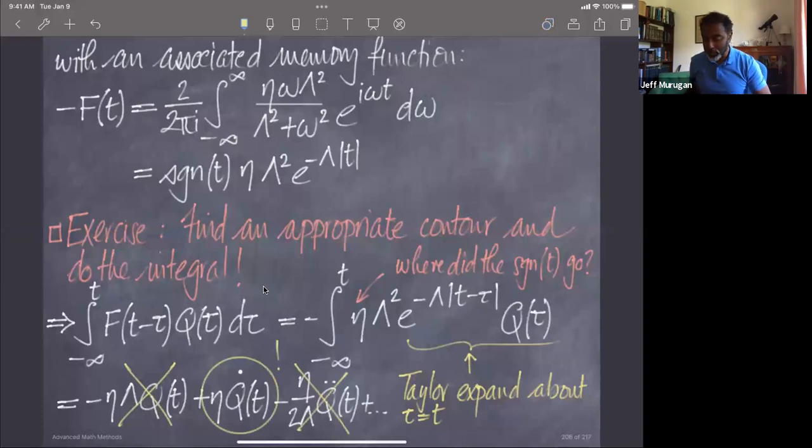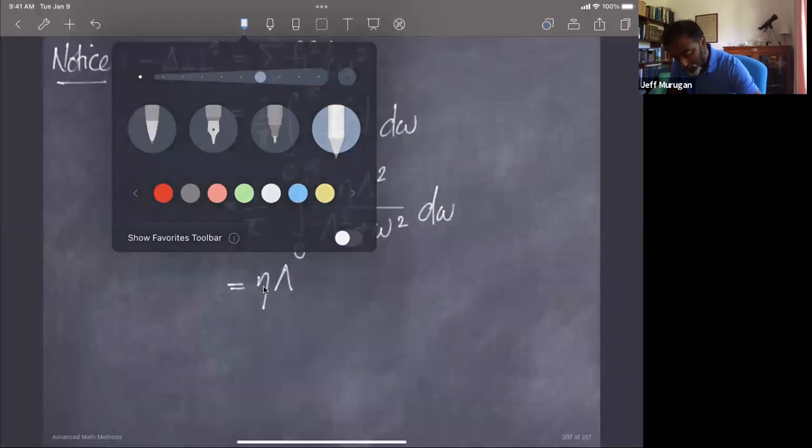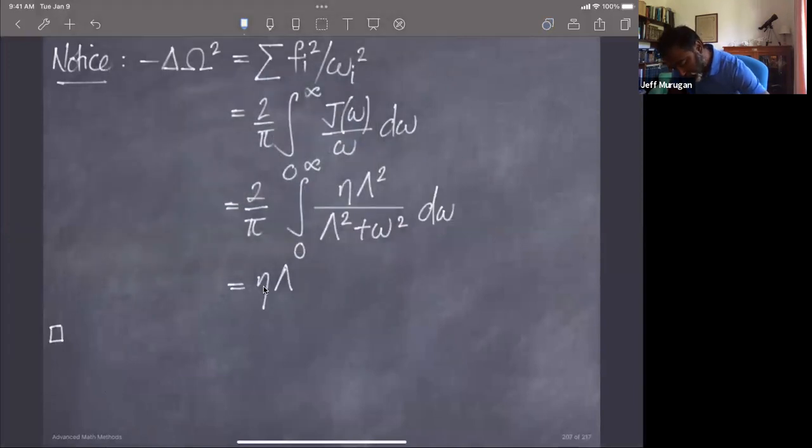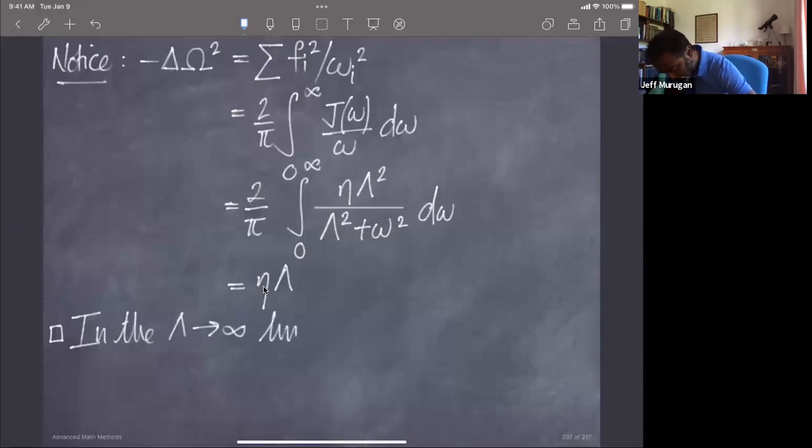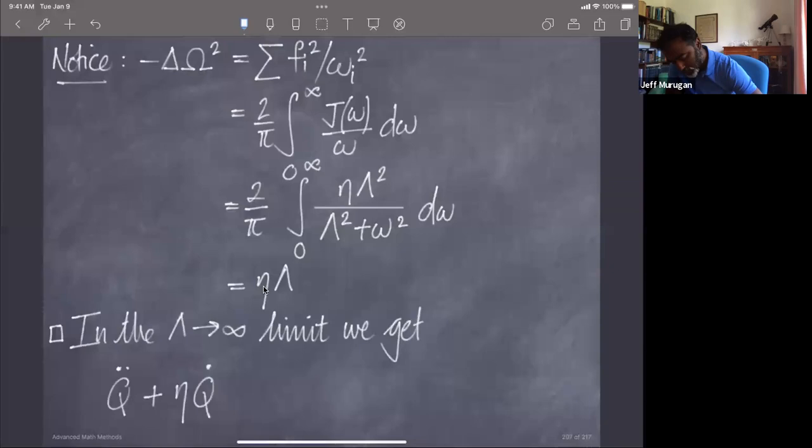In other words, in the lambda to infinity limit, the equation of motion for q is simply q double dot plus eta q dot plus omega squared q.